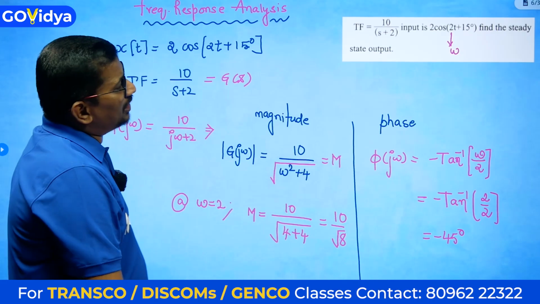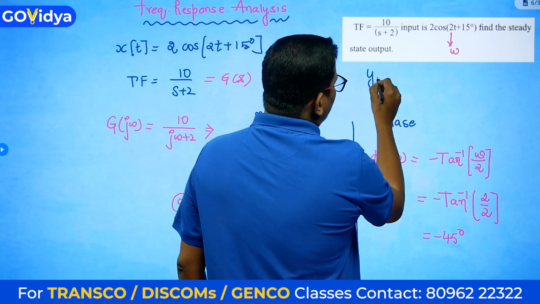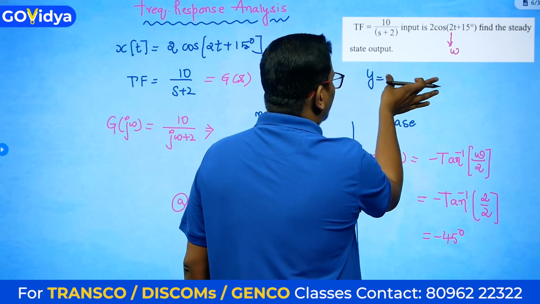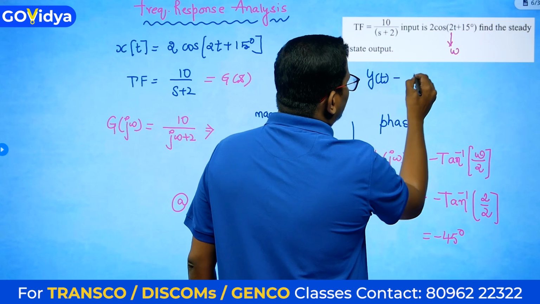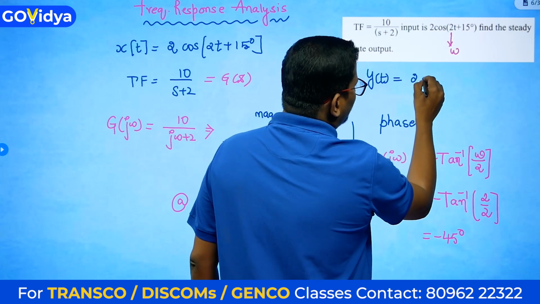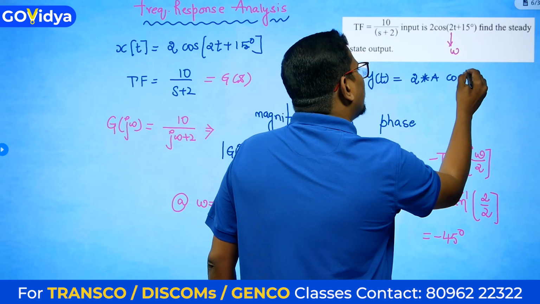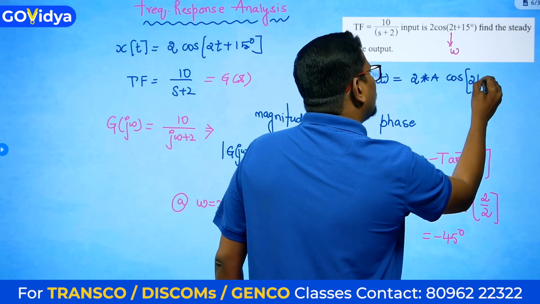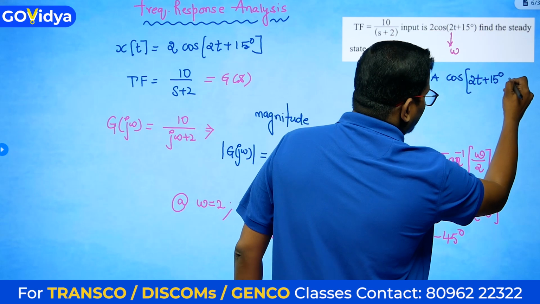And finally, what we need to do is put this into the equation, y of t. Y of t equals, anyway the initial magnitude 2 is there, 2 into cos of 2t plus 15 degrees plus phi.